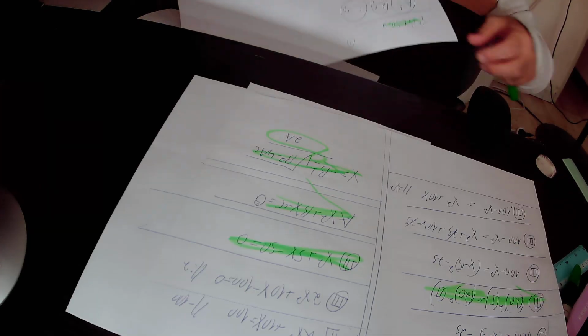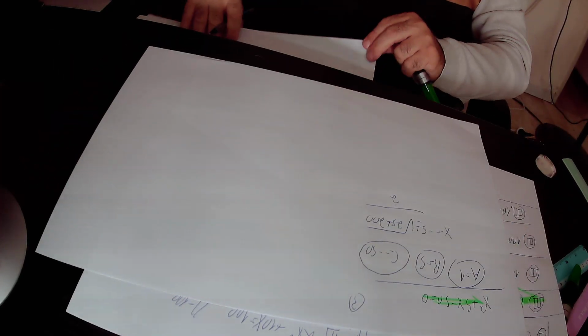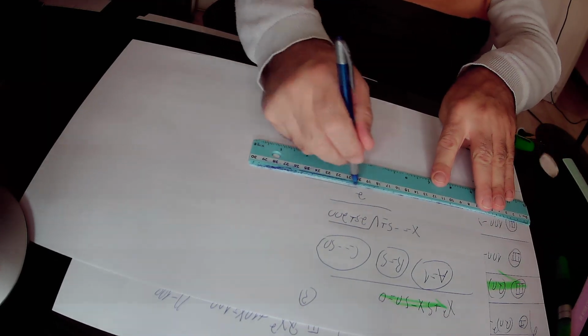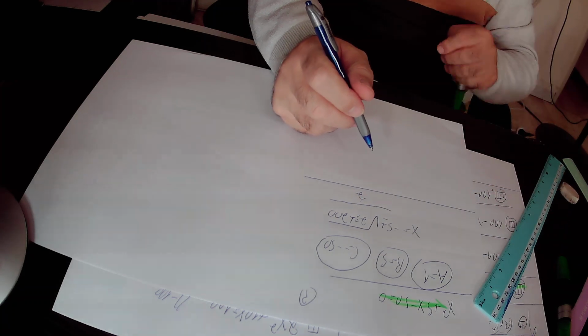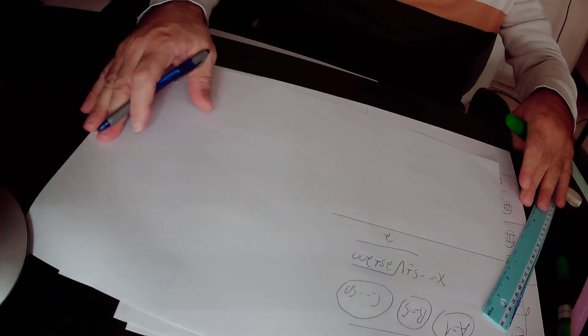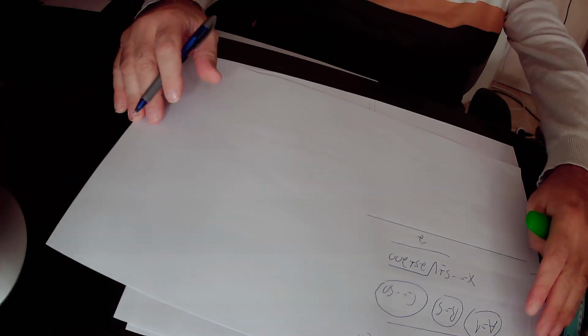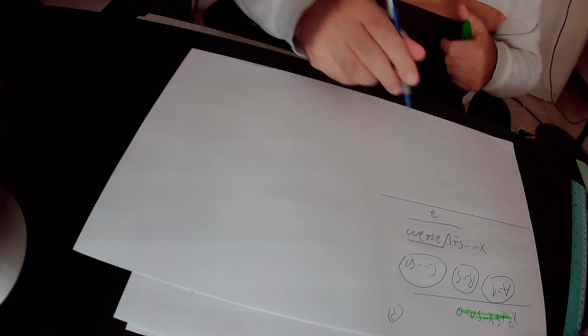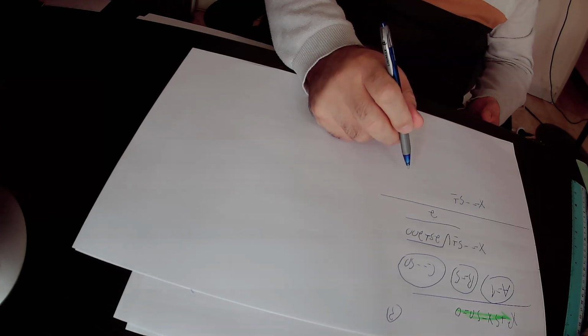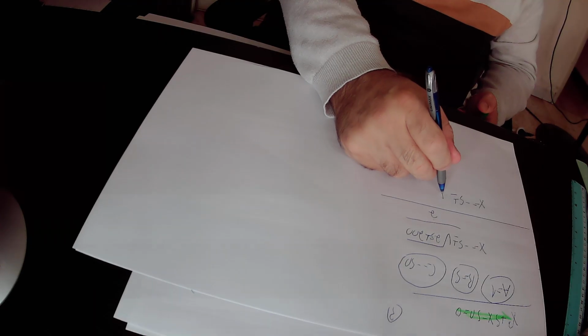So in total, we found that X equals minus 5 plus minus square root of 25 plus 200, over 2. So X equals minus 5 plus minus, 25 plus 200 is 225.